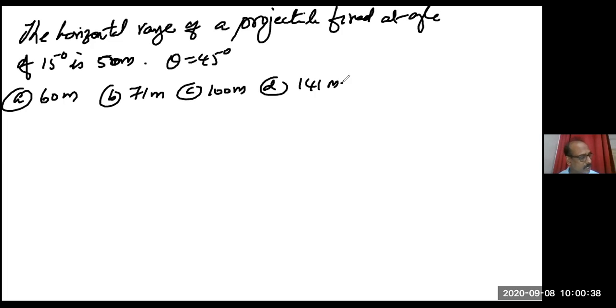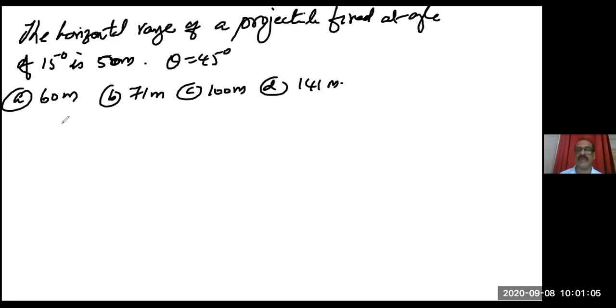Again I'm telling you, the horizontal range of a projectile fired at an angle of 15 degrees is 50 meter. If it is fired with the same speed at an angle of 45 degrees, the range will be how much?